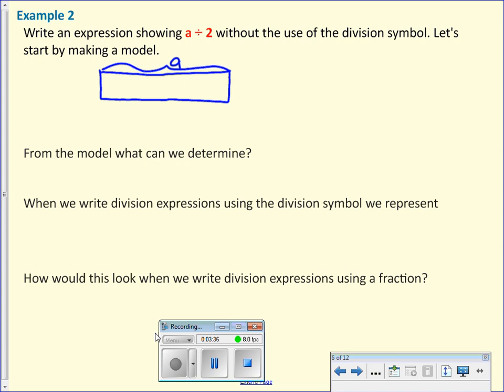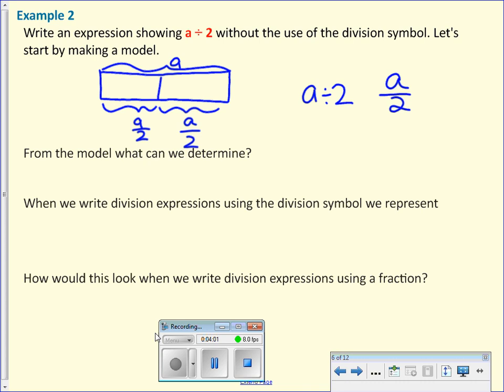We're going to divide it into 2 even groups. So that's A divided by 2. And that's A divided by 2. So A divided by 2 is the same thing as A divided by 2.